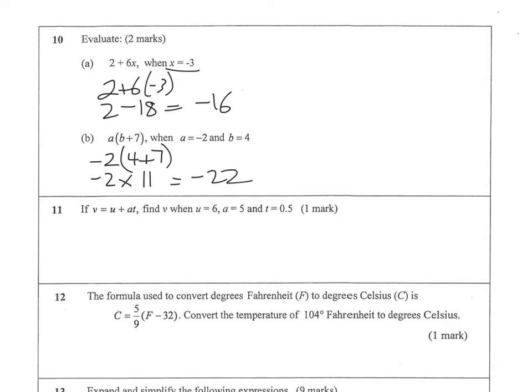Okay, V is going to equal 6 plus 5 times 0.5. We must do the times first. 6 plus half of 5 is 2.5, and we get 8.5.